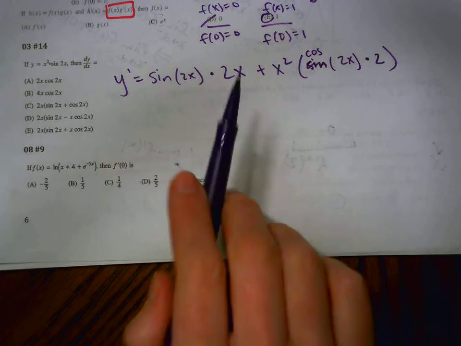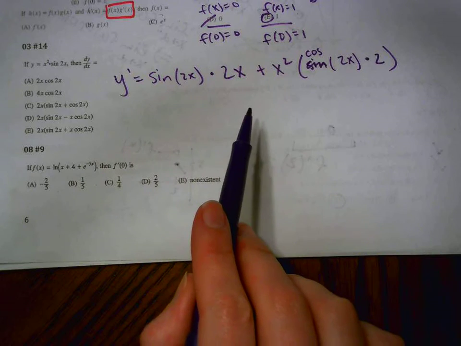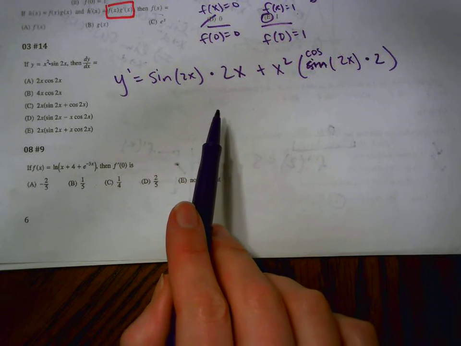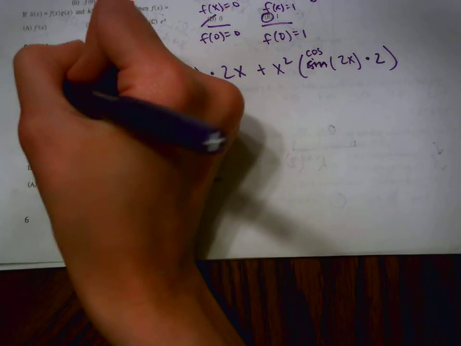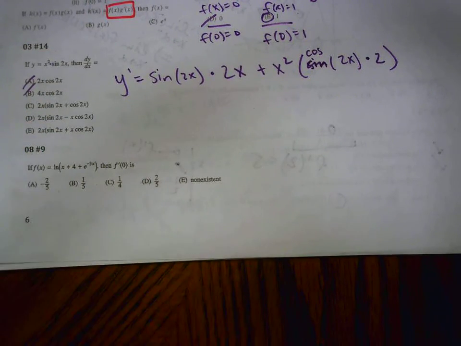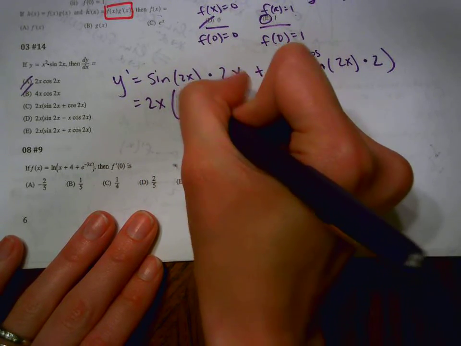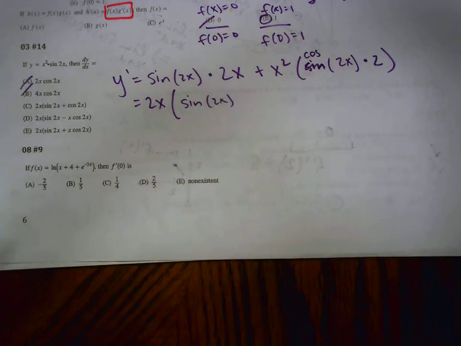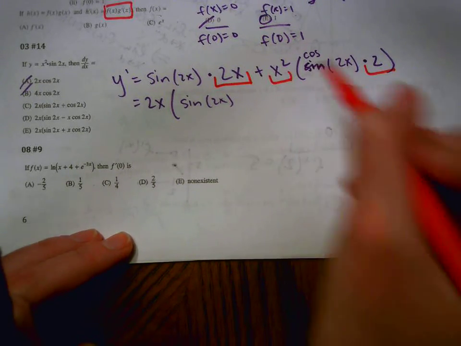And then you could go from there and see which one would be the same as your answer, clean it up a little bit maybe. We can see this definitely doesn't look right. And so it looks like they factored out a 2x from each term. So the first term you'd be left with just sine of 2x once you factor out this 2x, and then here's a 2, and take out one of those x's.